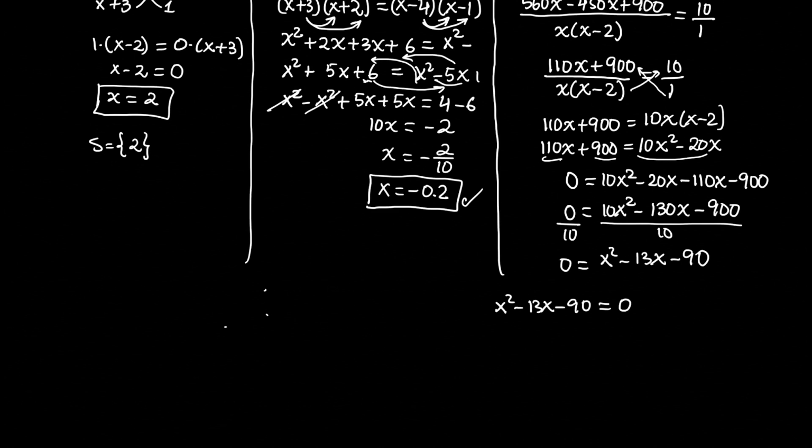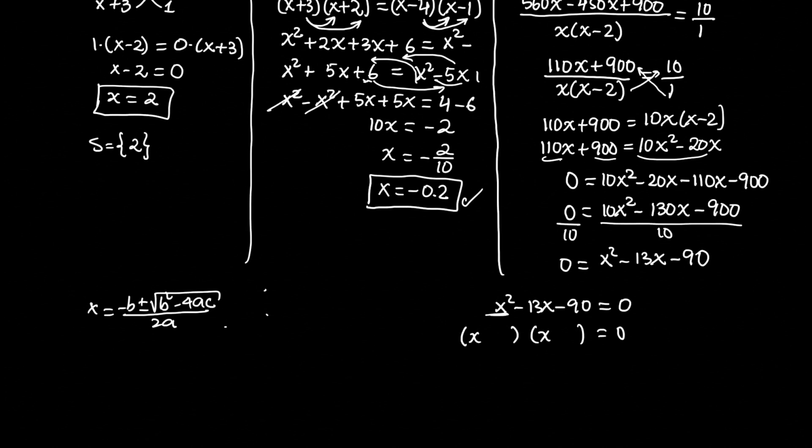How do you solve this? You can solve it by using the formula that you know: x equals minus b plus or minus the square root of b squared minus 4ac, divided by 2a. You can use that formula. Or you can also notice that I have x squared, which is x times x.